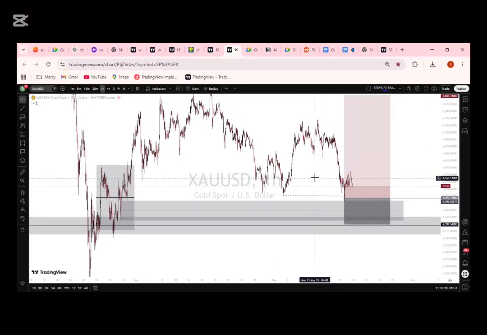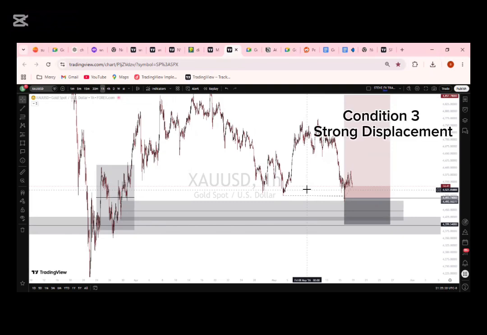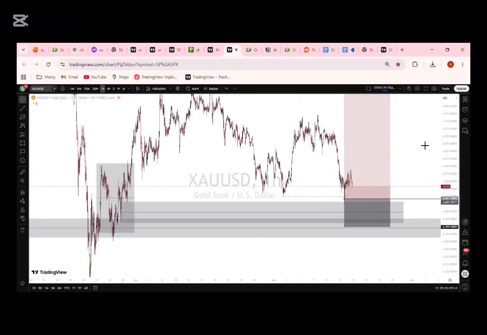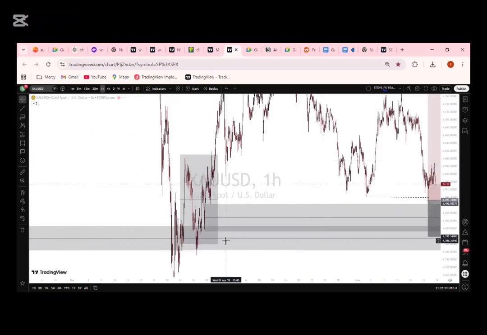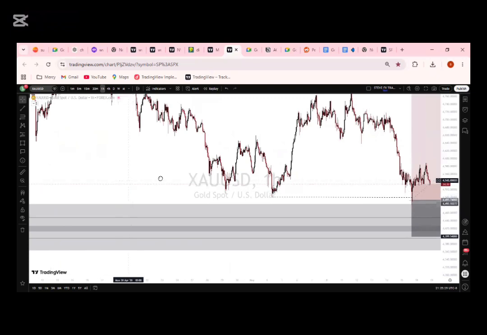So the second condition for a valid refined order block is liquidity. First, it must align with market structure. Secondly, it's about liquidity, and we've been able to spot liquidity from this particular level. Also, the third condition that we need to consider is a displacement, or a strong move around that particular zone.